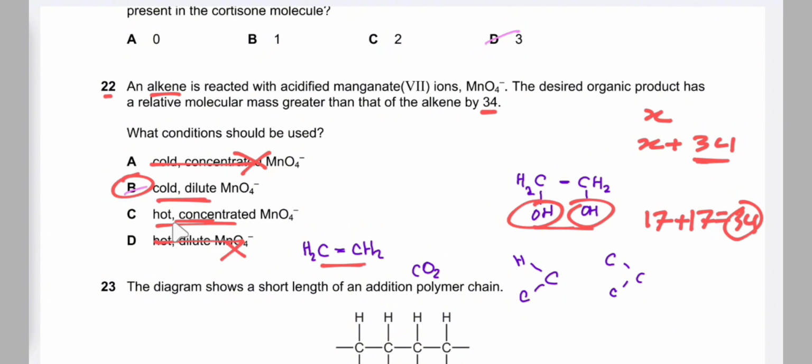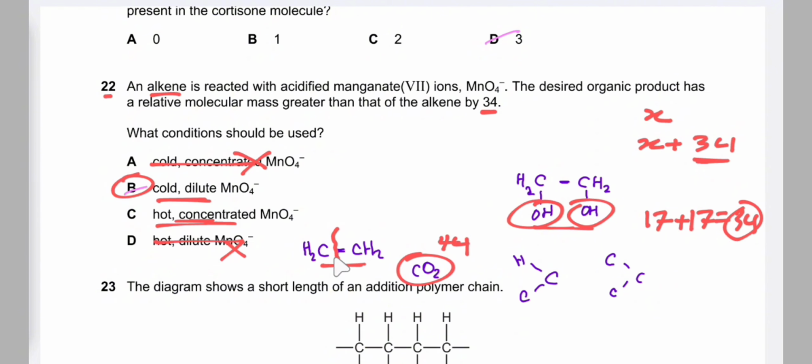And for option C, hot concentrated acidified KMnO4. Hot concentrated acidified KMnO4 usually causes the breaking of the double bond, and as the double bond breaks, this carbon atom is attached to two hydrogens, so it is converted to carbon dioxide. What is the Mr of carbon dioxide? It is 44.